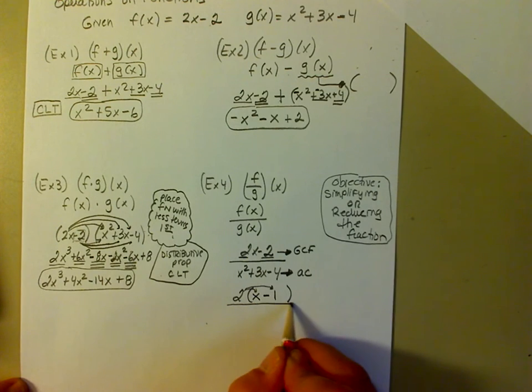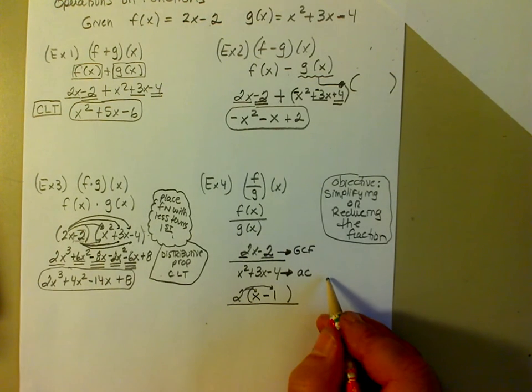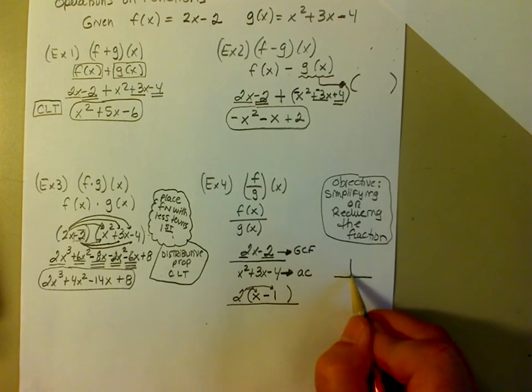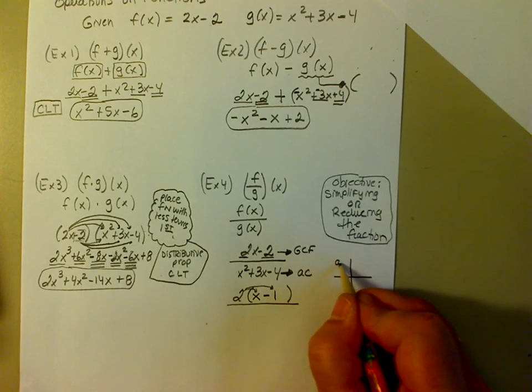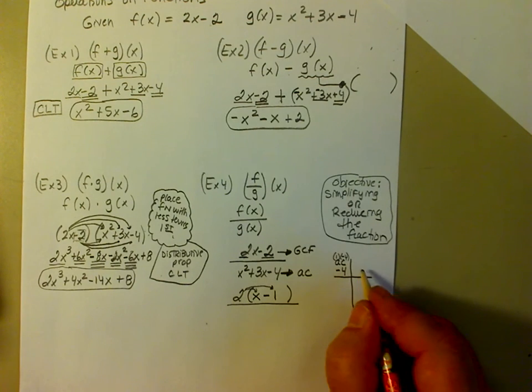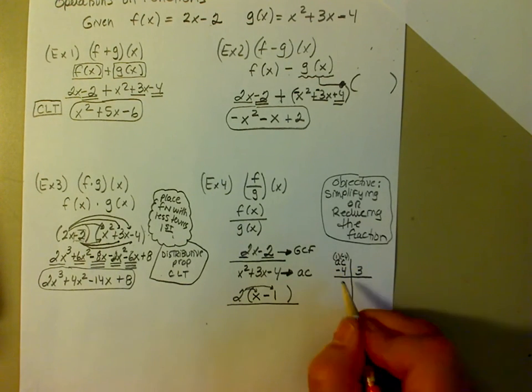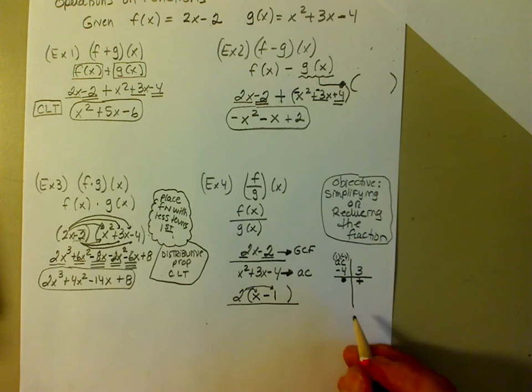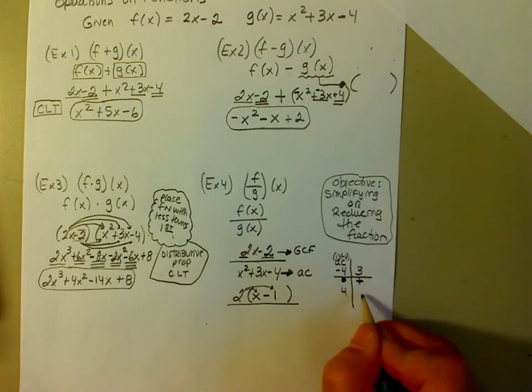In my denominator, I'm going to utilize the AC method of factoring. So here off to the side, let's see what we have for our factors of a times c, which is 1 times negative 4, or negative 4, that add up to the middle term, which is a positive 3. So it multiplies and adds to 3. Factors of 4 can be 4 and 1, and of course 2 times 2.